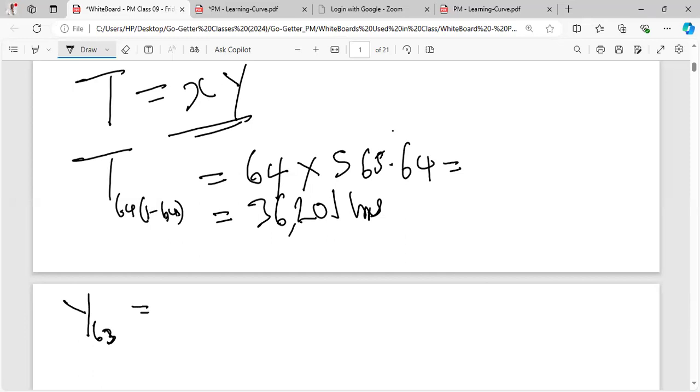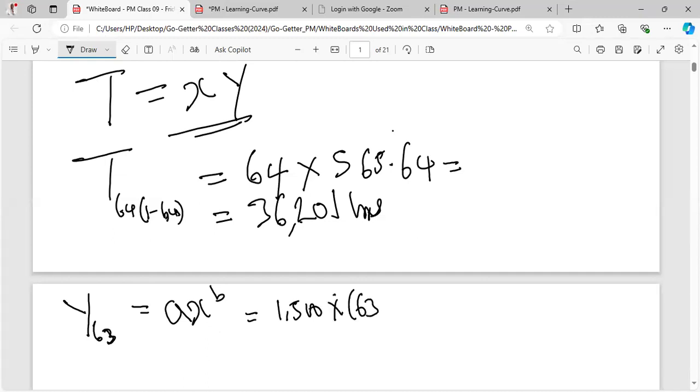And that will give me a, and I'll say x 63. It's still the same, ax raised to power b. And our a happens to come constant, 15. Our x now is 63.